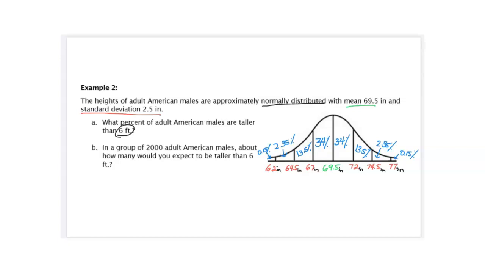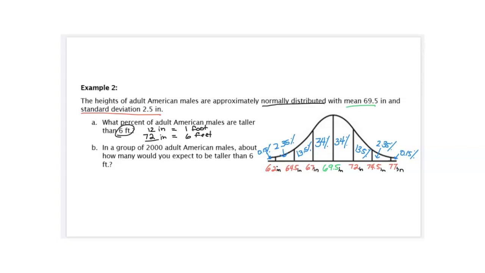So let's think back. 6 feet and inches. Well, 12 inches equals 1 foot. In this case, we have 6 feet. Well, how many inches is that? That's 72 inches. So 72 inches are equal to 6 feet. How do we get it?